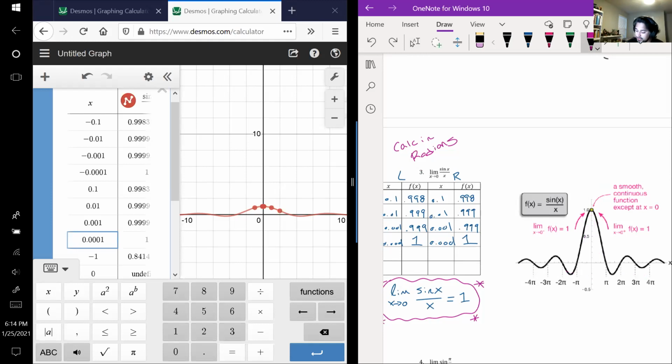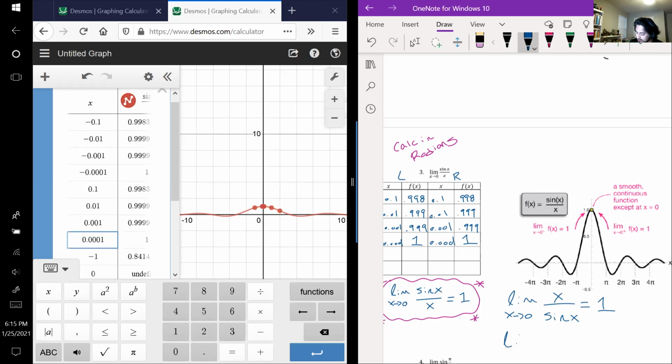All right, and to be nice, here's some other trig limits. This can also be said for the limit as x approaches 0 of x over sine x, which is also 1.